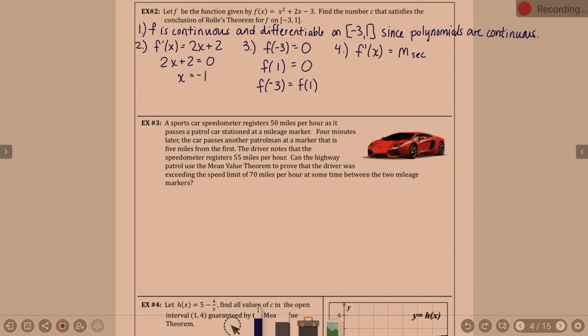Slope of the secant line: how do I do that? That's f of -3 minus f of 1, over -3 minus 1. Regardless, we know that to be 0, yes? Because f of -3 and f of 1 are the same. So that's going to be 0.